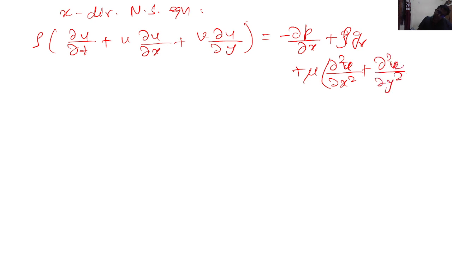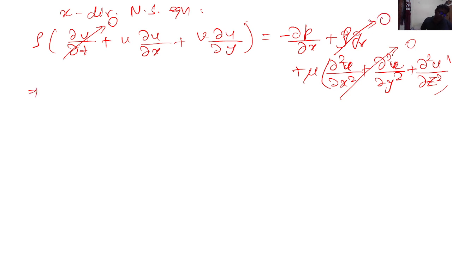This is the Laplacian, plus del 2 u by del z square. This term is to be neglected because there are no second order terms in u. This is again 0 because it's a steady flow. This is again 0 because the body forces have been asked to be neglected.